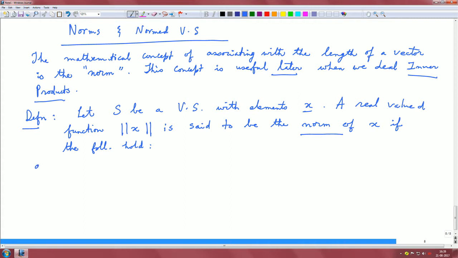Let us see what those conditions are. Norm of x is greater than or equal to 0 for any x. So, this is a vector.